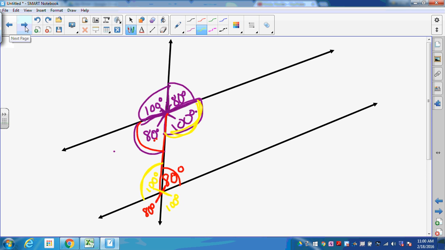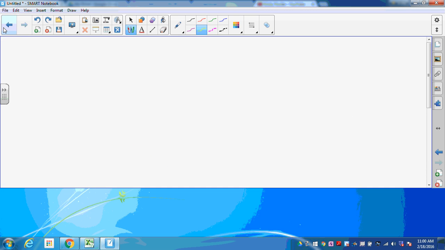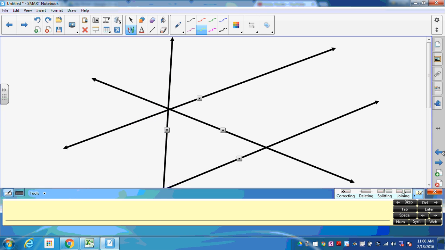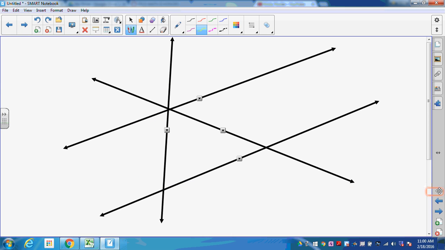Now let's look at a problem that has another transversal applied to it. Now when you have two transversals, you need to look at your diagram before you dive into this, because you need to notice and just observe what you are looking at.